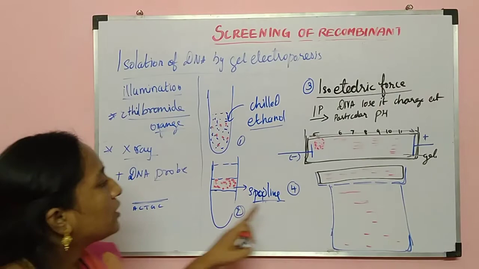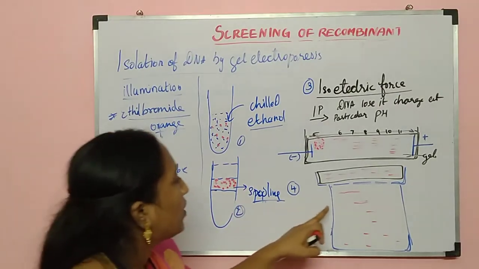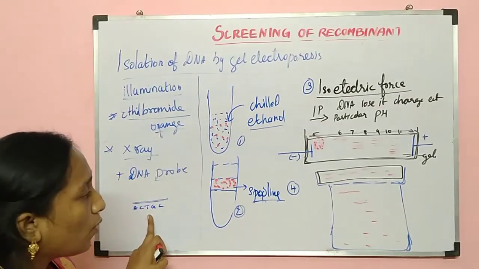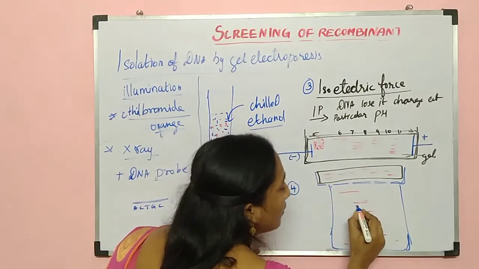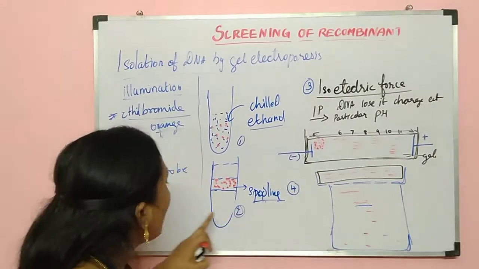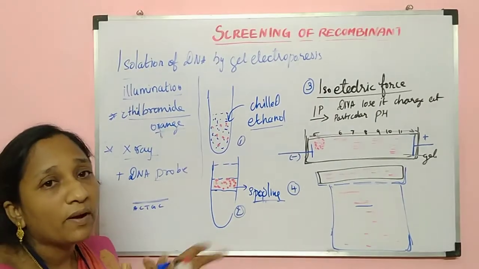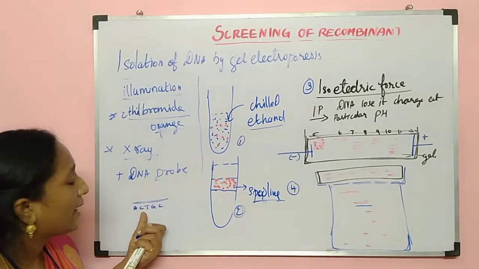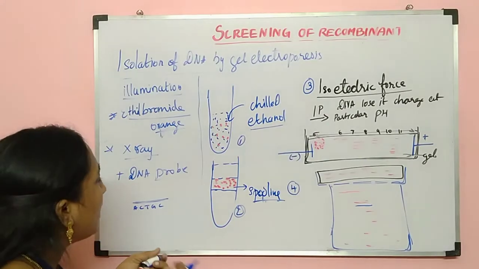If this probe binds here, we can easily find what strand is here. Whatever is there in this strand, the complementary will be formed by that strand.